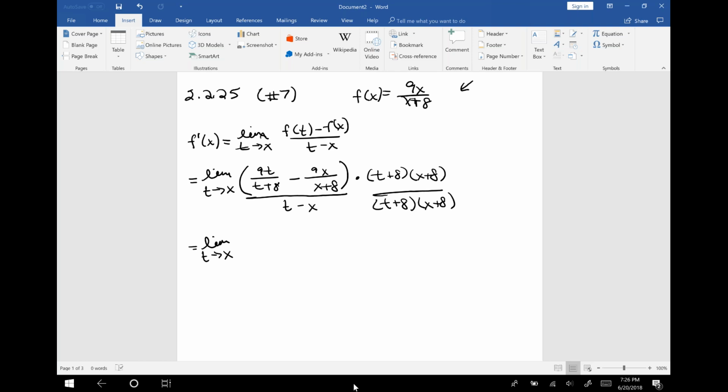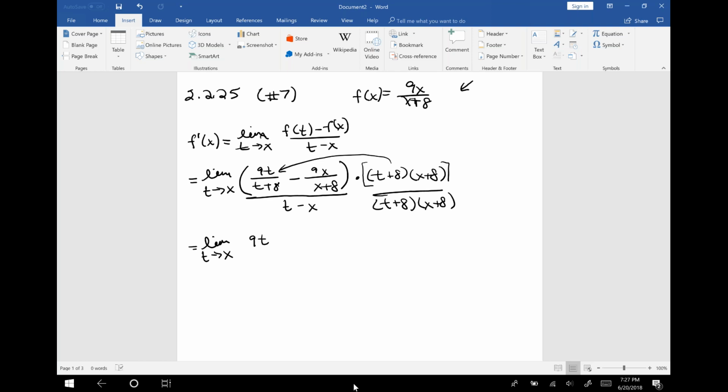All right, now we're going to think about taking this whole thing right here and distributing it inside to each of these terms. If I first distribute it to the first term, you can see that the t plus 8s are going to cancel each other out. This is going to be a good problem to do on your own because it gets a little tricky here. So we have 9t.